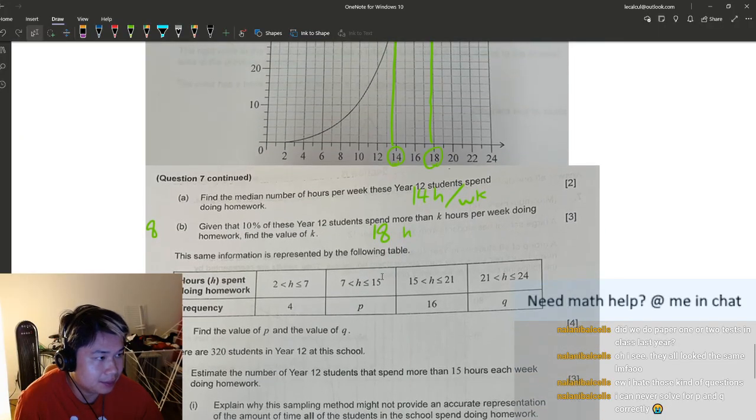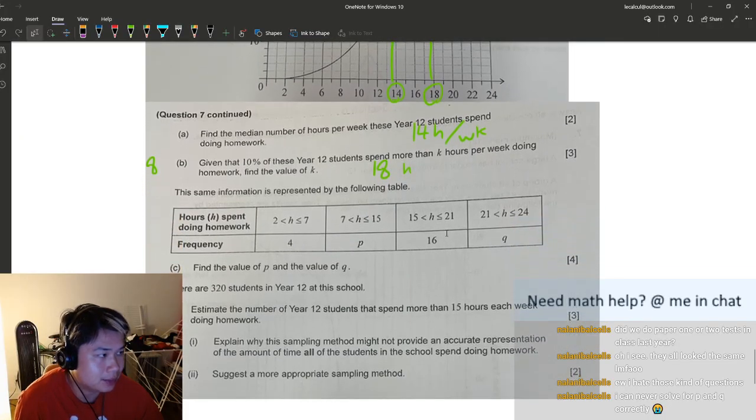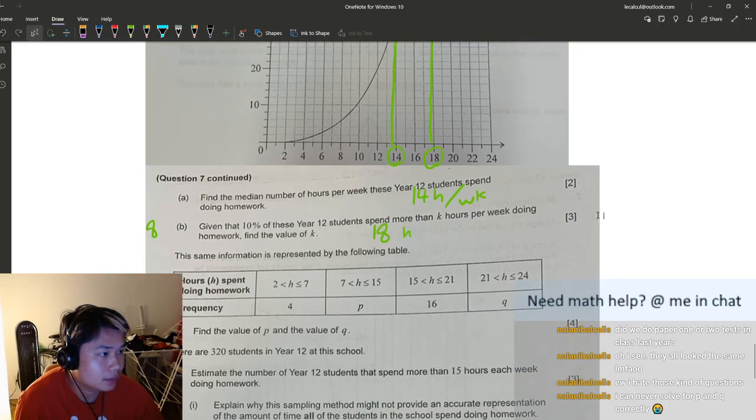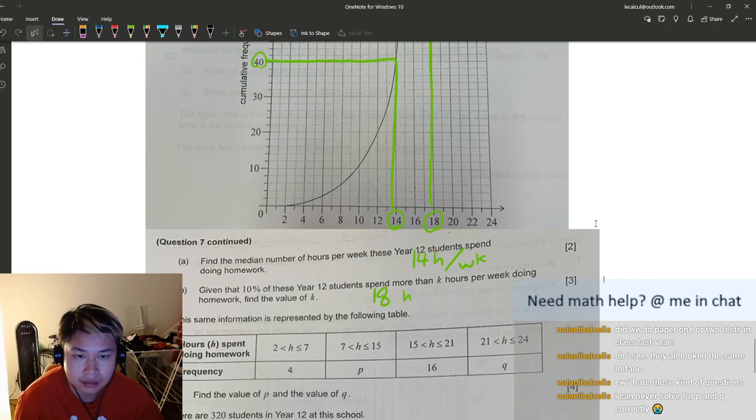This is a different type of PQ question. This isn't like an expected value one. Okay, so let's find out the amount of people that are in 7 to 15. Okay, we know that there's 4 people from 2 to 7. So there should be 4 people.